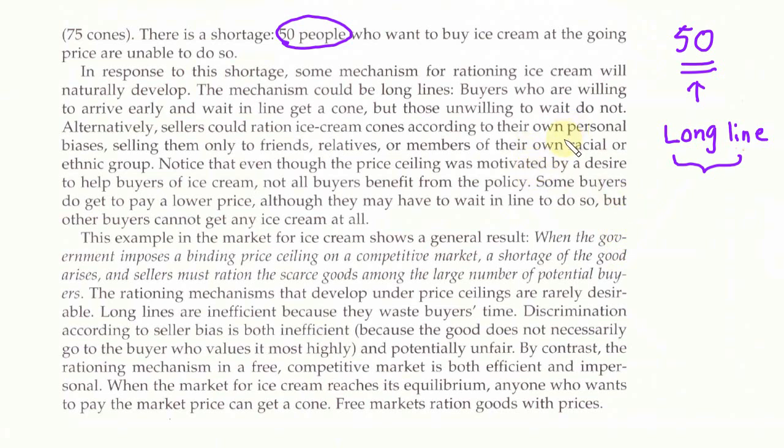In this case, the seller will sell the ice cream according to his appetite, sharing it only with friends, relatives, or members of their own racial or ethnic groups. This might happen in a big society.